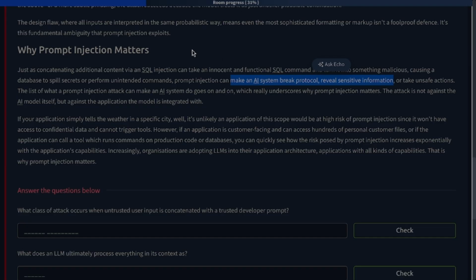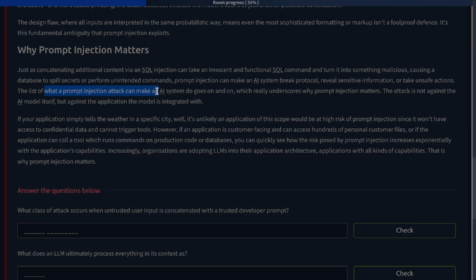SQL injection is directly related to prompt injection. In traditional apps, you see SQL injection, while in an AI-augmented app, you would most likely be exploiting prompt injection.